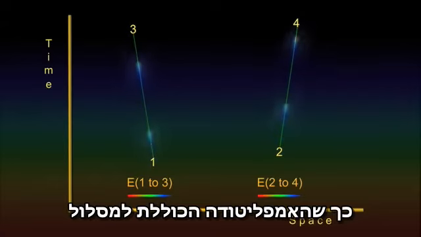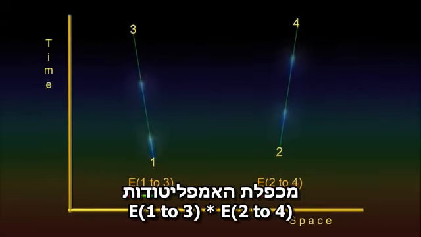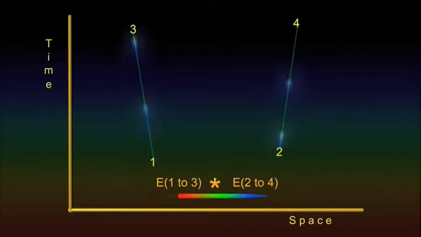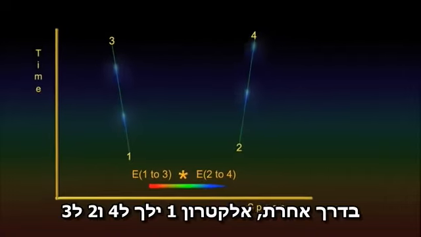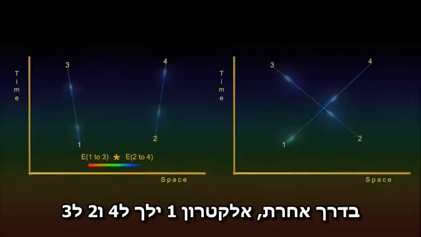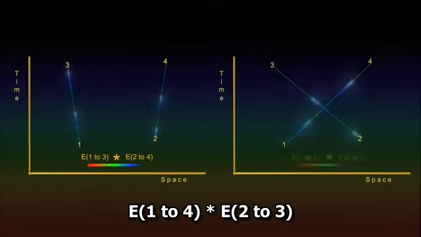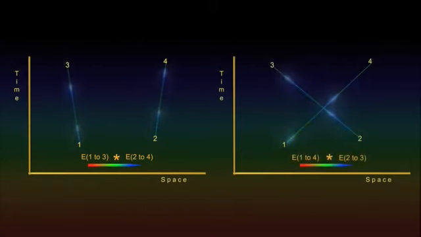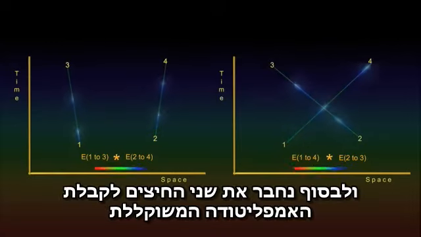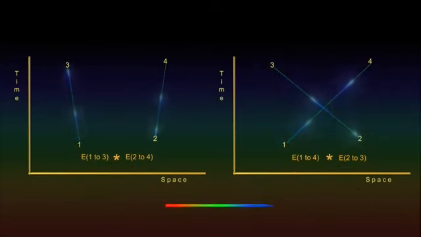So the overall amplitude for this path is E 1 to 3 times E 2 to 4. Another way would have electron 1 go to 4 and electron 2 go to 3. This would have an amplitude of E 1 to 4 times E 2 to 3. And of course, the final step is to add these two arrows to get the total amplitude.